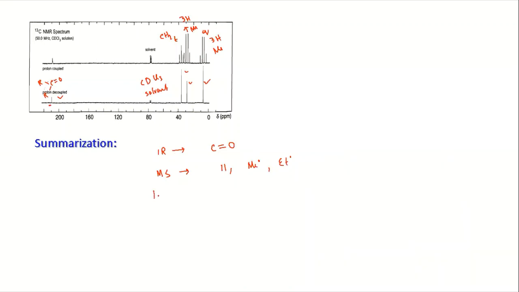And proton NMR is telling you that you have one quartet, one triplet, and one singlet. So you have CH2 and CH3 combining to give you ethyl, the quartet and triplet.